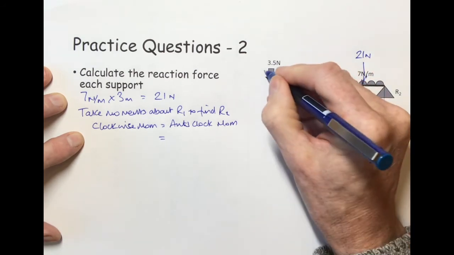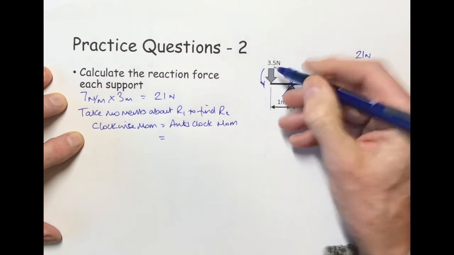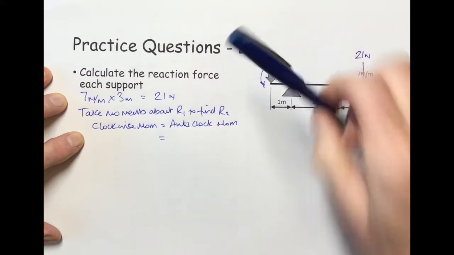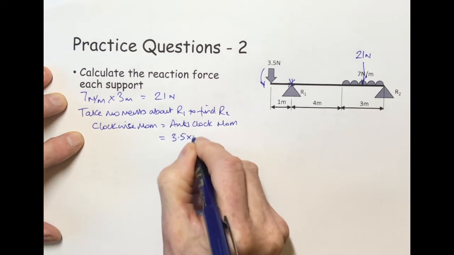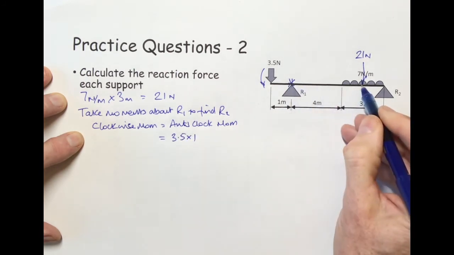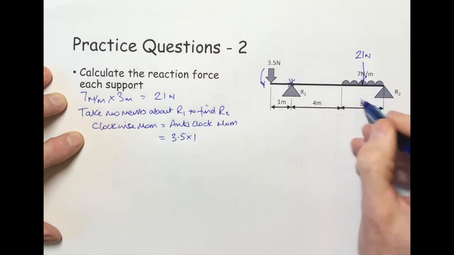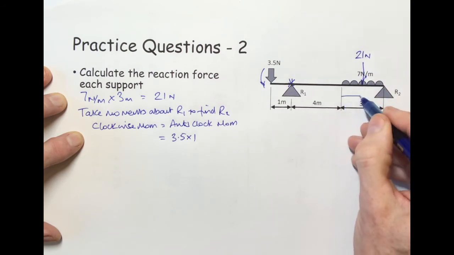This one here is going to push down there like that, so that is going to be an anti-clockwise moment. So 3.5 times 1. Along here, this one here is 1.5 metres in from there.